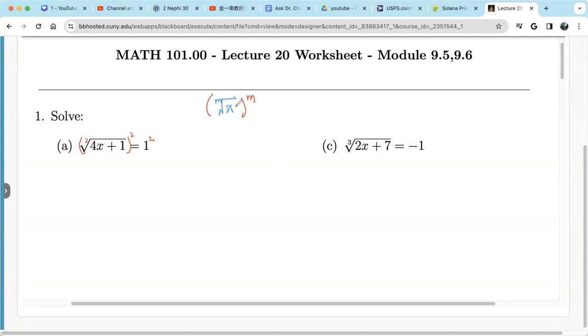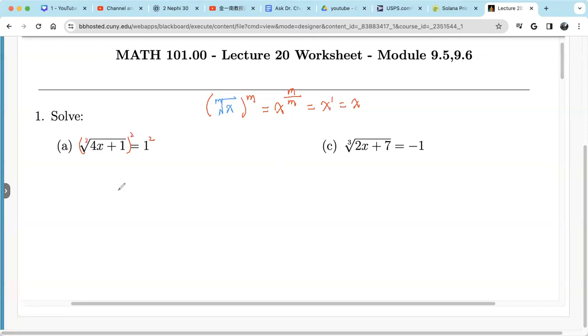Because the index is m, now the power is m. Remember, I have rational exponents: the power goes to the numerator, the index goes to the denominator. So m divided by m is just 1. So x raised to 1. Usually we don't bother to write x raised to 1. We just write x.